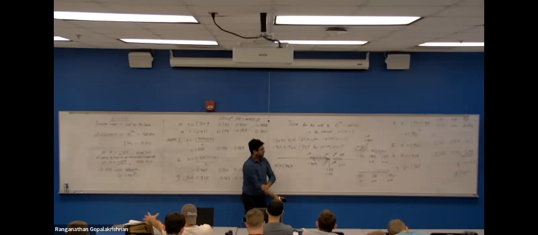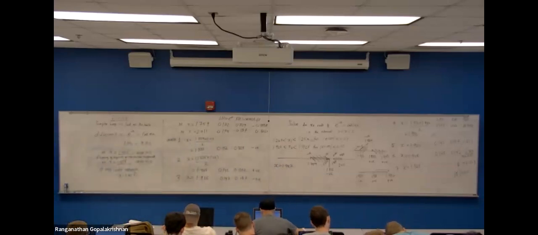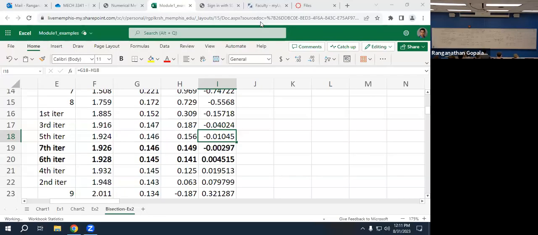All right, good. So now that we have seen bisection, let me quickly show you my solution with the Excel. So here are my iterations. 2.001, that's where we started.